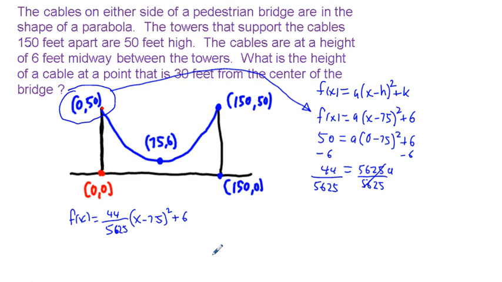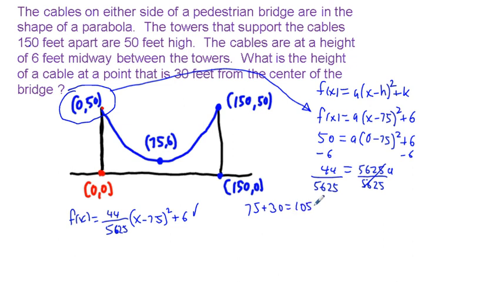So that is a good equation. The question asks, what is the height of a cable at a point that's 30 feet from the center of the bridge? Well, here looks like it's the center of the bridge. That's going to be our center. And 30 feet from the center of the bridge is going to be at 75 plus 30 equals 105.